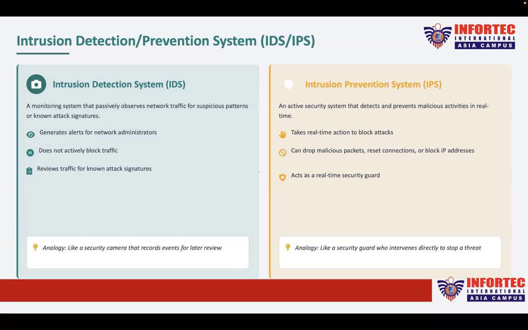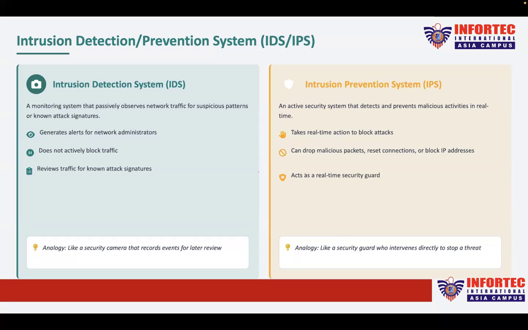So this will detect those things. Detection is once something happens, it will try to stop that. We call it an intrusion detection system, a monitoring system that passively observes network traffic for suspicious patterns or known attack signatures.